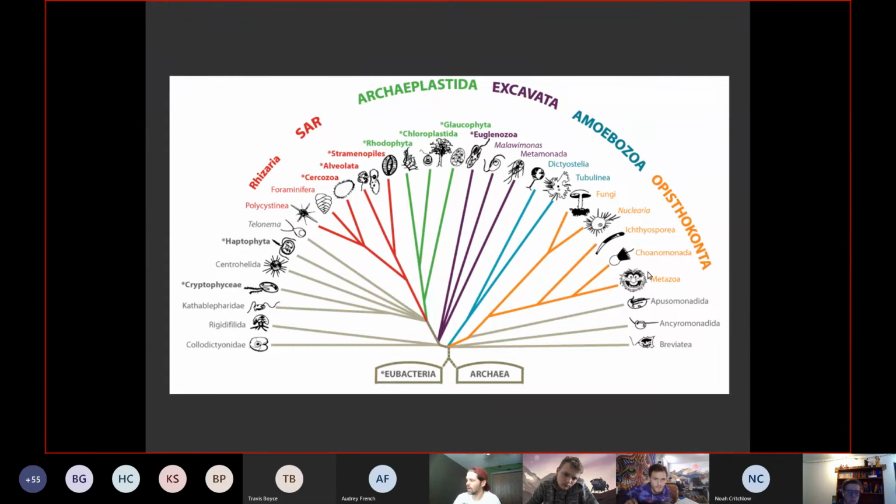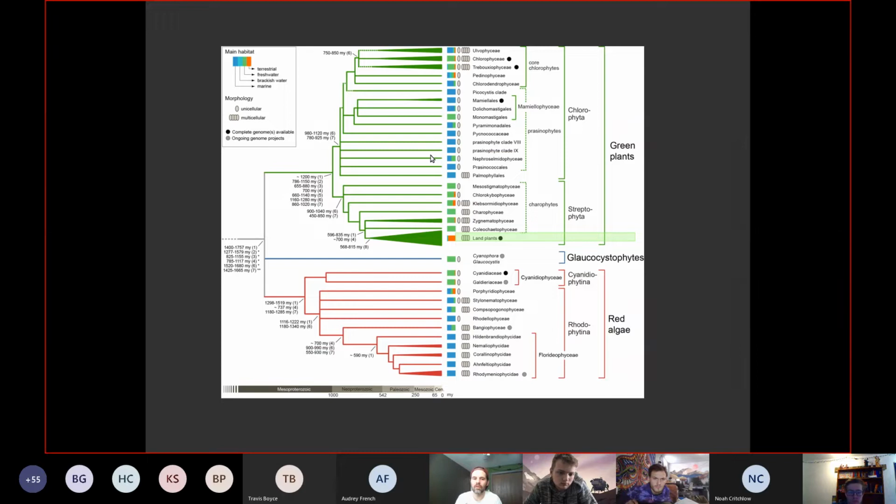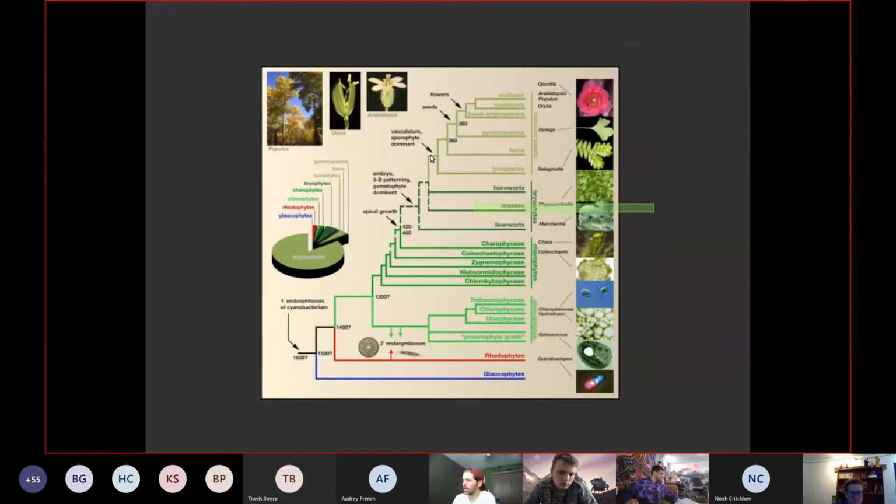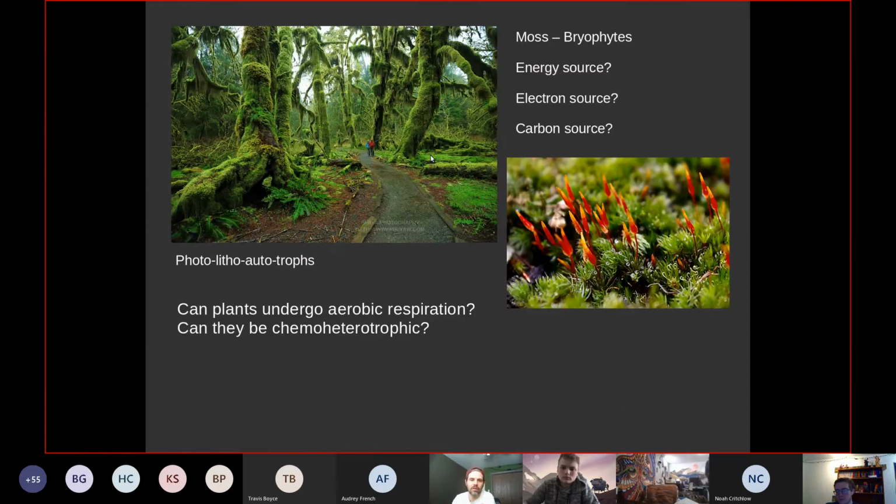Way over here, that's our animals, metazoa, all right? But let's take a look at Archaeplastida. This is our green plant and algae group. So we can zoom in on that and just take a look at land plants and zoom in even more and mosses. Okay. So we've talked about this one already.